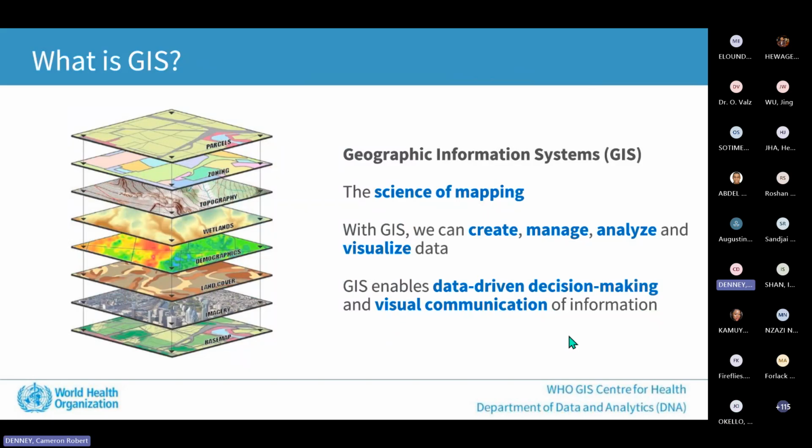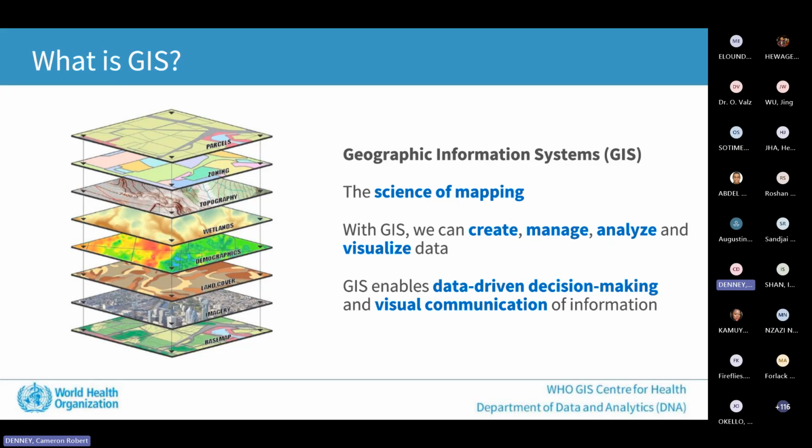Cool, so we're here to learn QGIS, but that's just one tool. So let's talk quickly, for those who might be new, about what GIS is. GIS is the science of mapping, and it's a very powerful tool, and it's been used in health actually for quite some time.